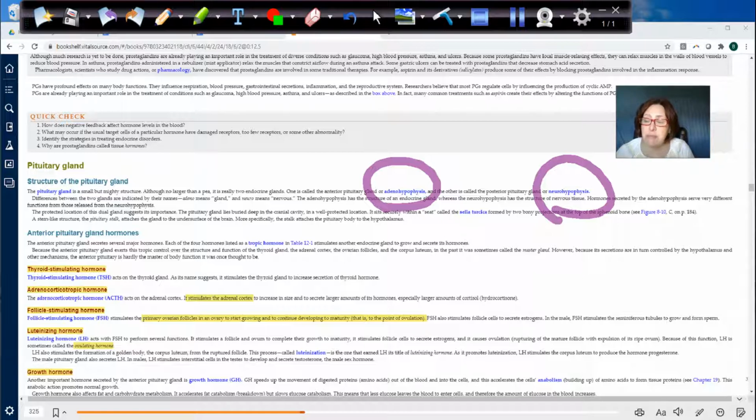Adeno, med term, means gland. Neuro is like brain. Okay, so this pituitary gland, half of it's glandular, half of it is brain tissue, and it's a great communication between the two. It's how the brain's going to then communicate to the glands out in the rest of the body. Okay, so there's a great communicator here.